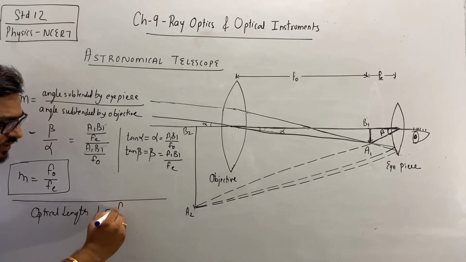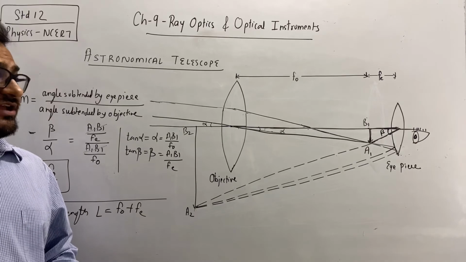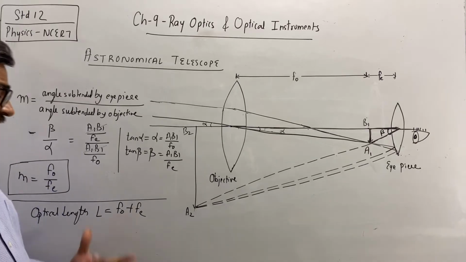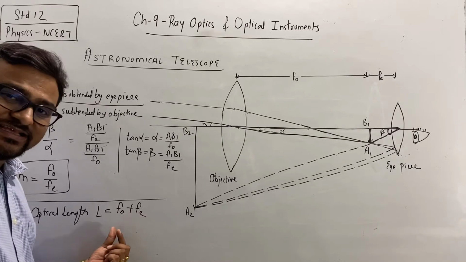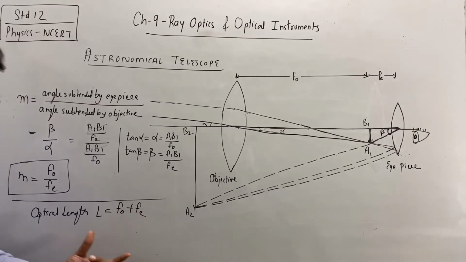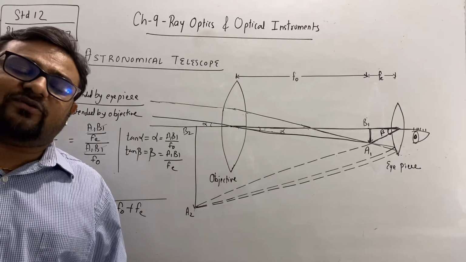Optical length L will be equal to FO plus FE, right? So the length of telescope must be equal to this or greater. It cannot be less than FO plus FE. The formula for magnification is FO by FE. So just note down this derivation for magnification of astronomical telescope.